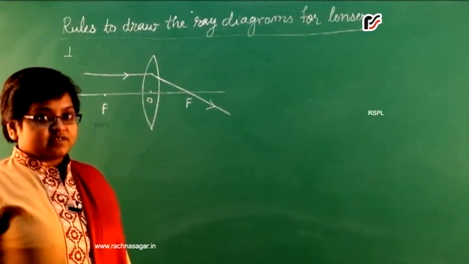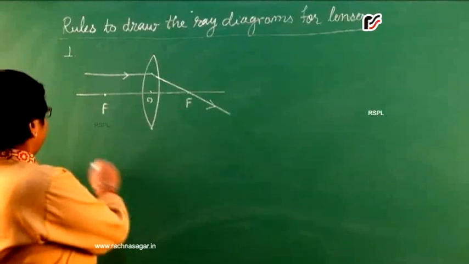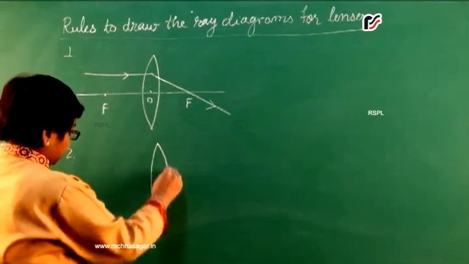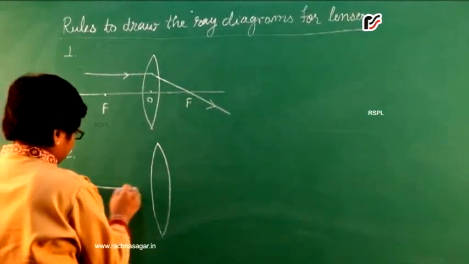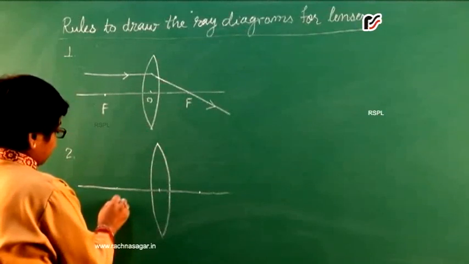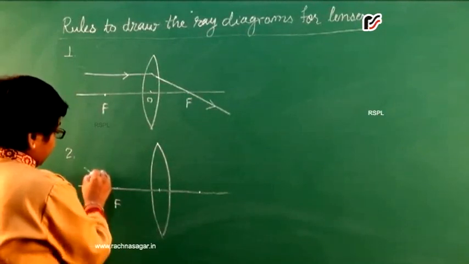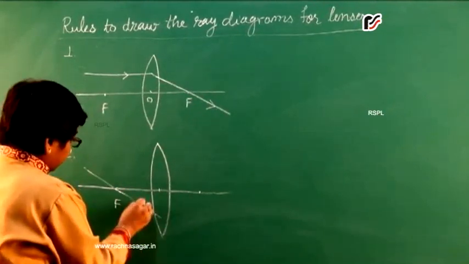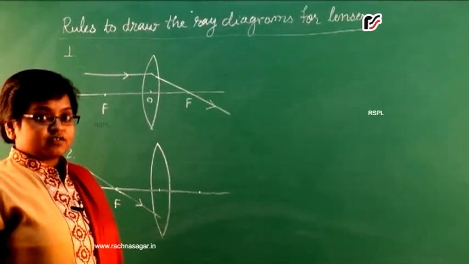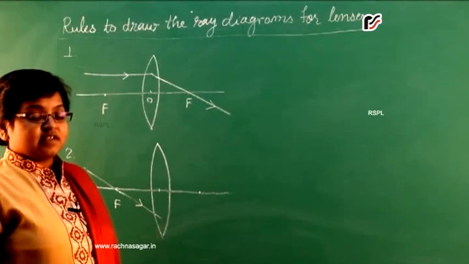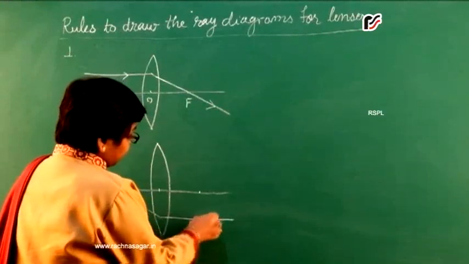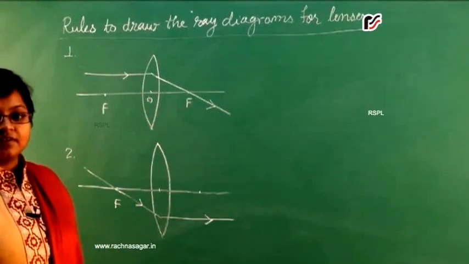Rule 2 is the inverse of the same rule. If any ray comes through the focus of the convex lens, then after refraction it becomes parallel to the principal axis.